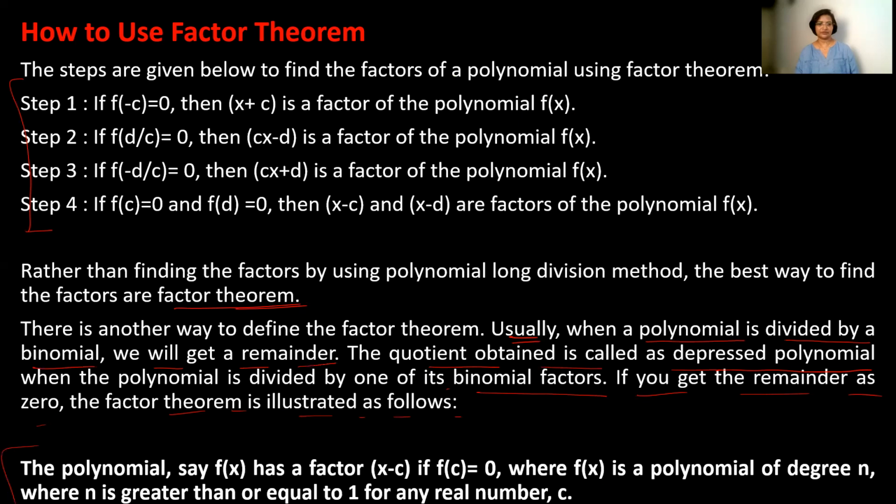If you are dividing a polynomial by one of its binomial factors and you get remainder 0, then you can say f(x) has a factor x minus c if f(c) equals 0, where f(x) is a polynomial of degree n, where n is greater than or equal to 1, for any real number c. So this is the definition, or how you can illustrate the theorem.